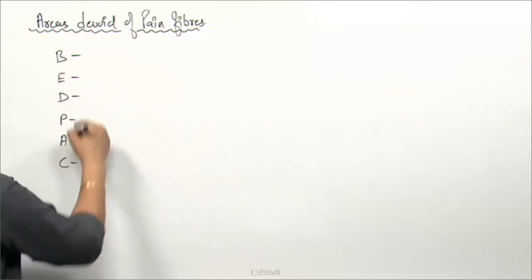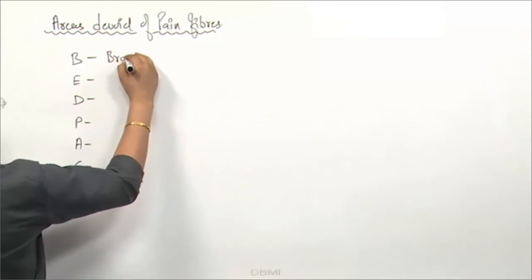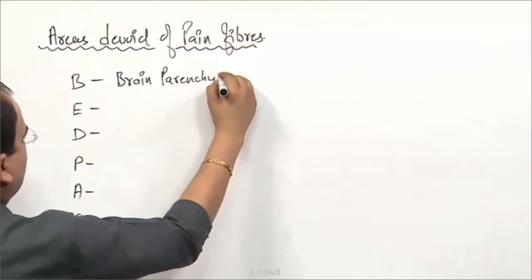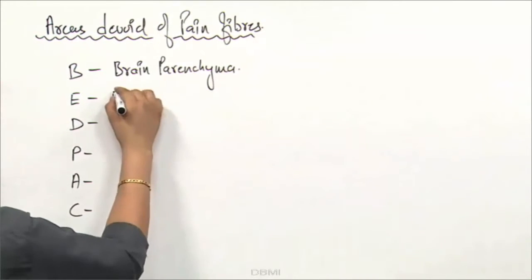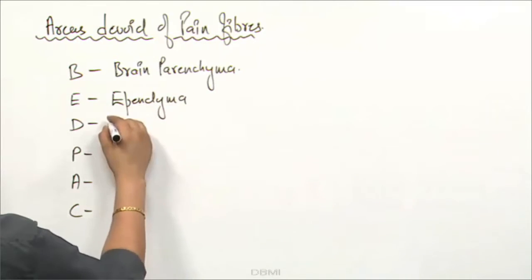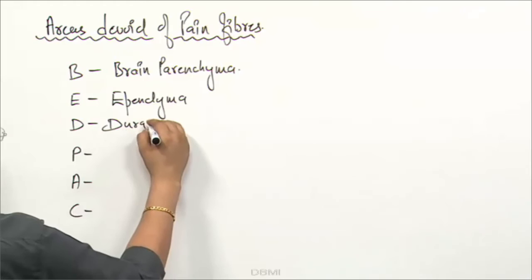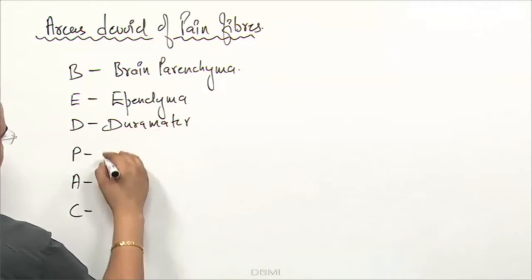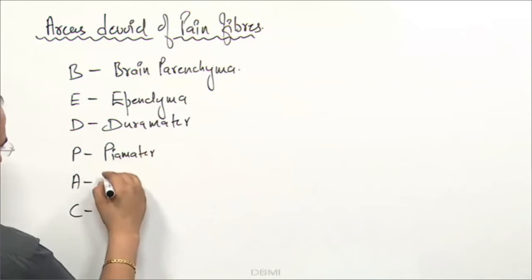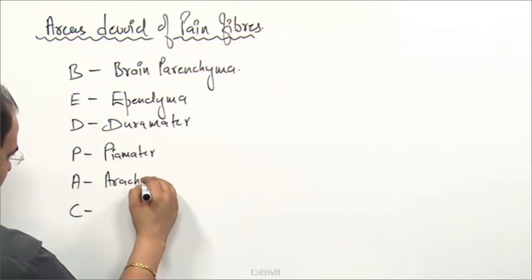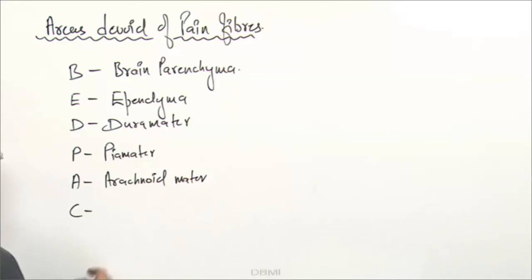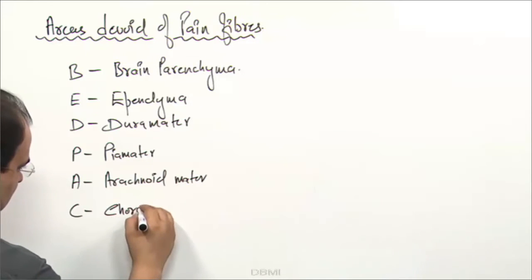B represents the brain parenchyma, E is ependyma, D dura mater, P pia mater, A arachnoid mater, and C choroid plexus.